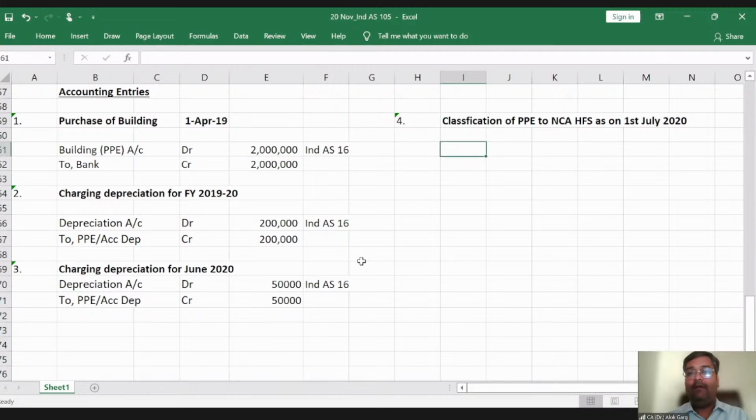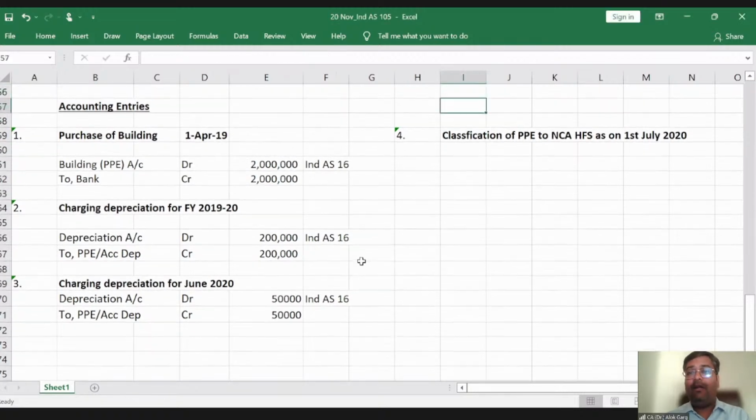Friends, first of all, you need to recognize it at the lower of carrying value and fair value less cost to sell, right? So first of all, you need to recognize NCA HFS building account debit. You need to recognize a non-current asset held for sale debit.